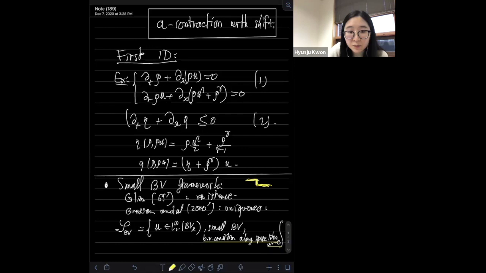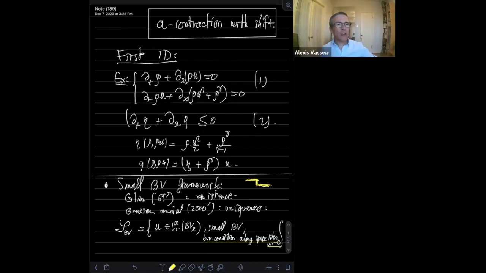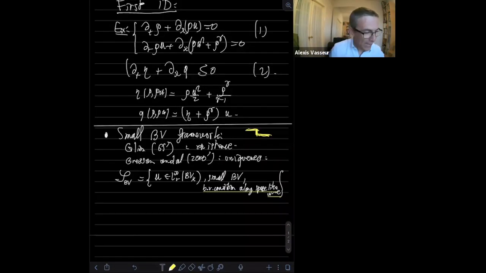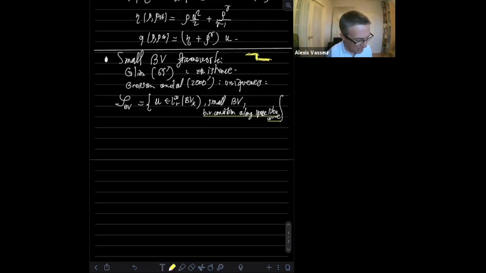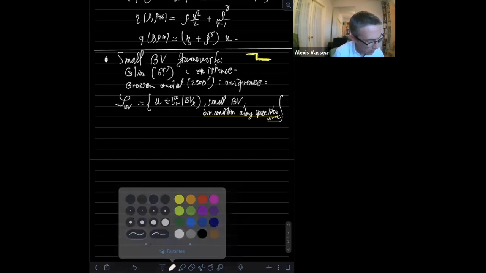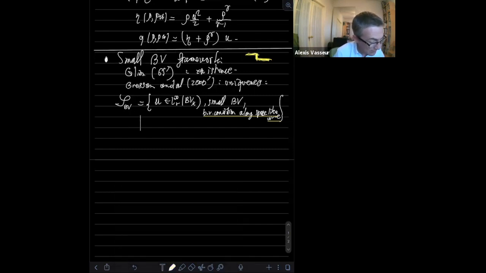Sorry, can you specify more about this small BV condition along the space? Okay, I can. So basically, on top of being BV, it seems very minor, but being BV means, this is time, this is position, right?